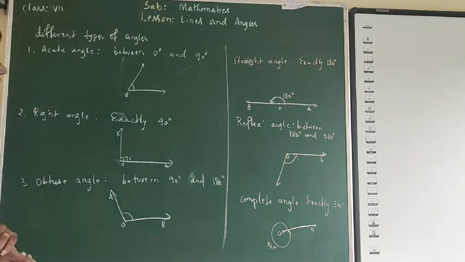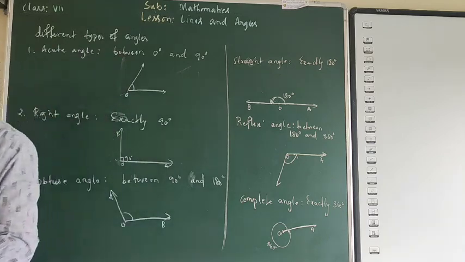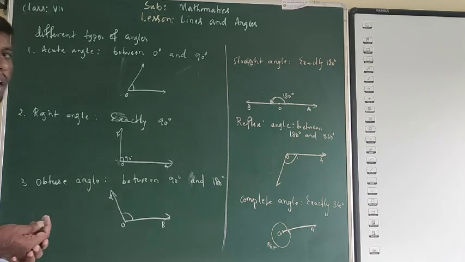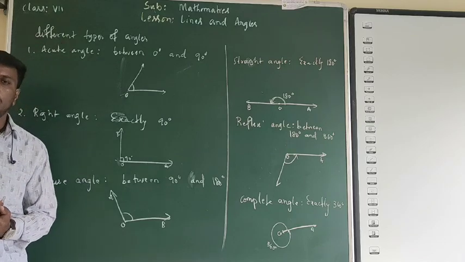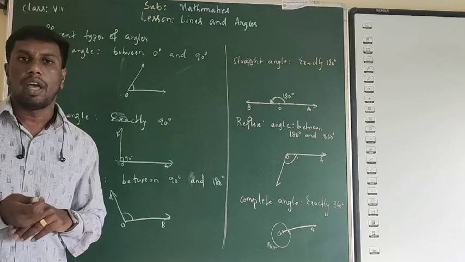So these are the different types of angles: acute angle, right angle, obtuse angle, straight angle, reflex angle, then complete angle. Along with this, we have some related angles also, like complementary angle, supplementary angle, adjacent angle, vertically opposite angle, linear pair of angles.